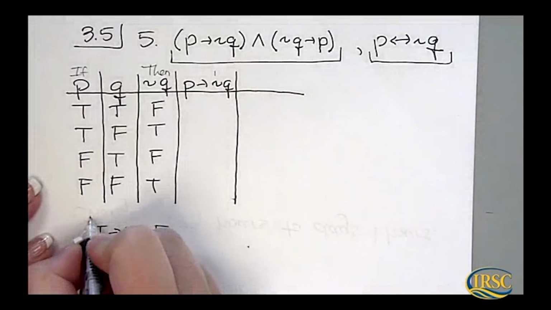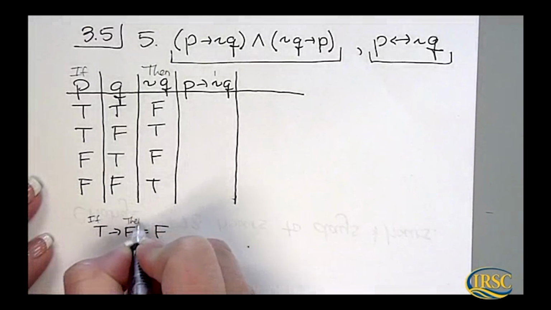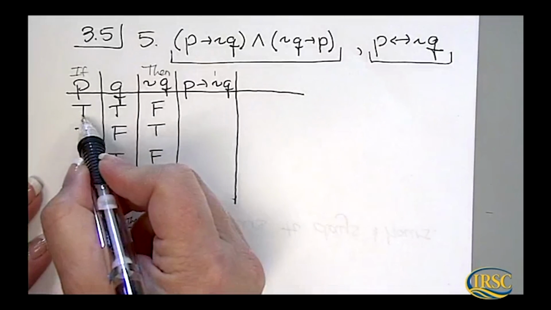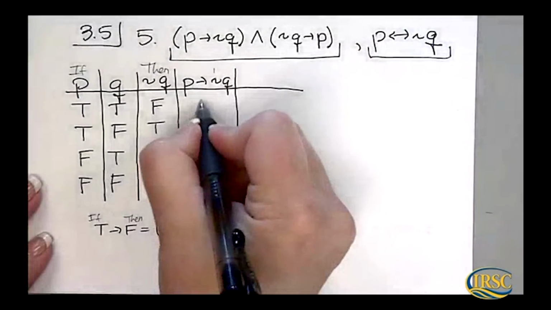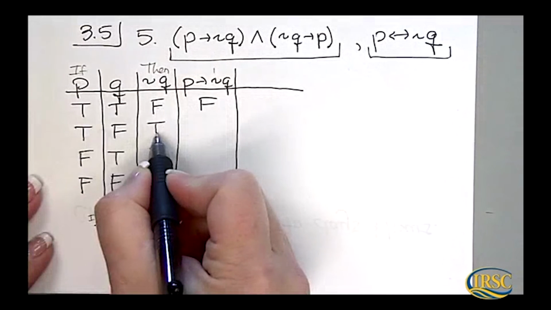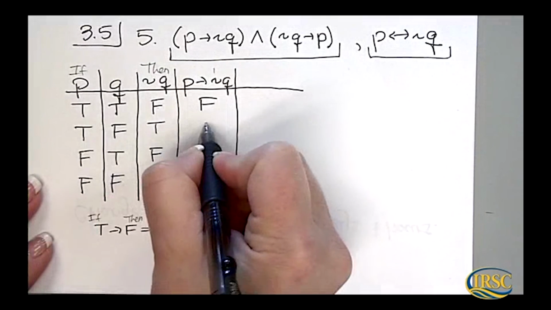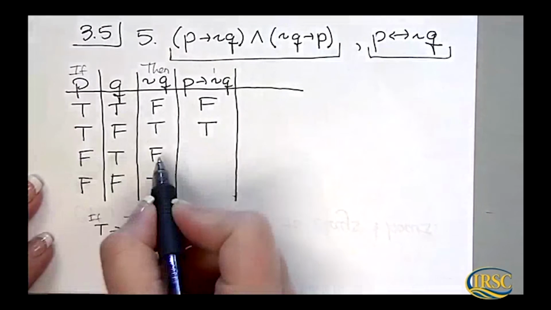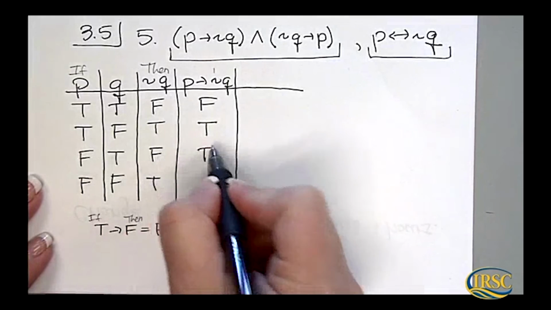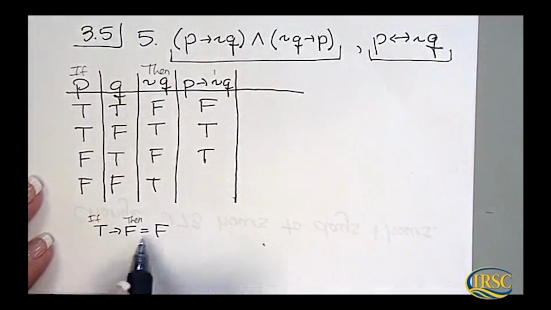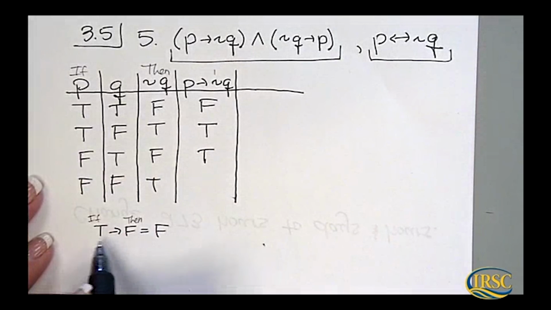So, and again, this is my if, and this is my then. So looking at if true, then false, right off the bat, that's false. If true, then true is true. If false, then false, that is true, because again, this is the only pattern that makes a false. So if it does not match this pattern, then it's true.